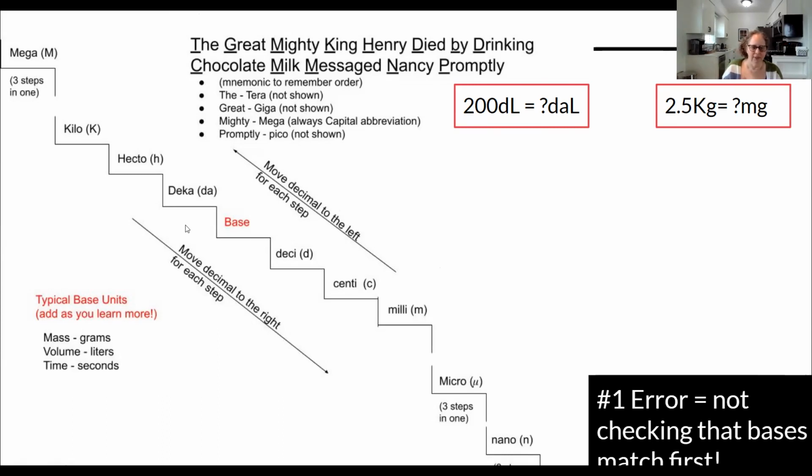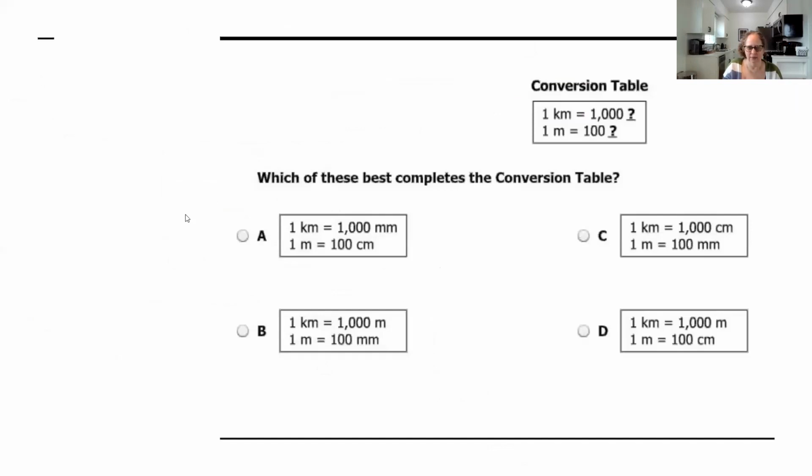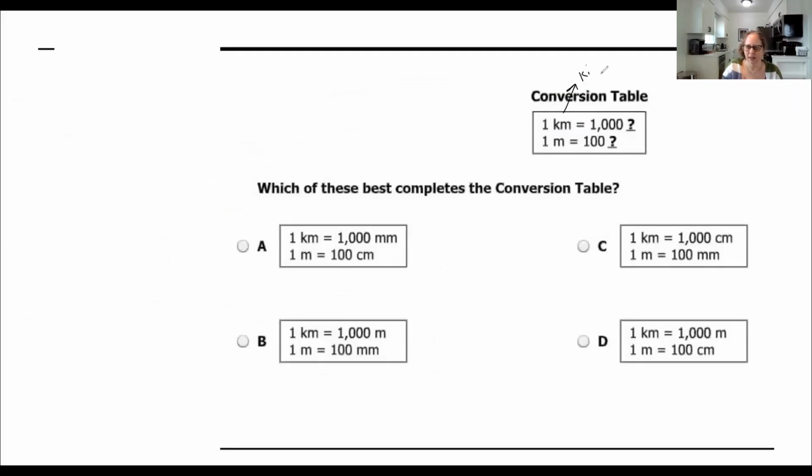And so now when we go to this next page, we have kilo. King Henry died by drinking chocolate milk, messaged Nancy promptly. 1 kilometer is equal to 1,000 what? Kilo is on the big side.